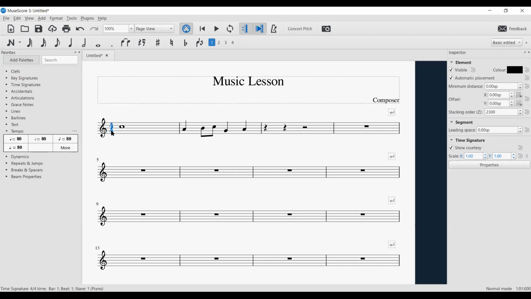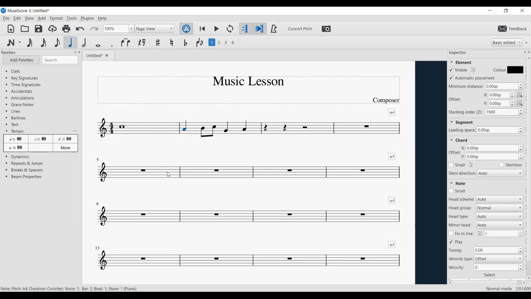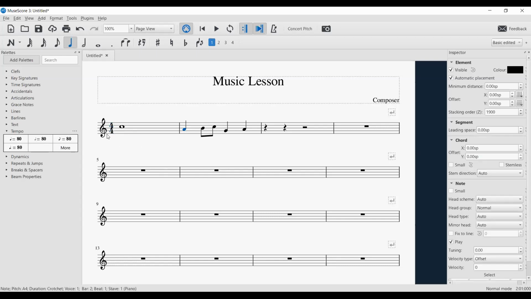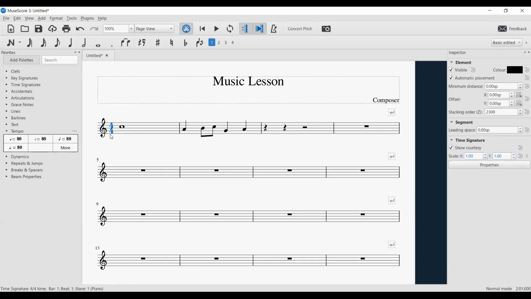So which note carries 1 beat? This 4 gives us the crotchet. If we had a 2 at the bottom here, that means it's the minim that carries 1 beat. But in this case we have a 4, meaning it's a crotchet.